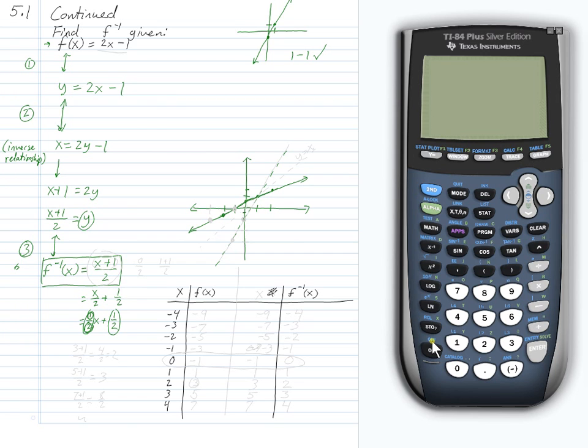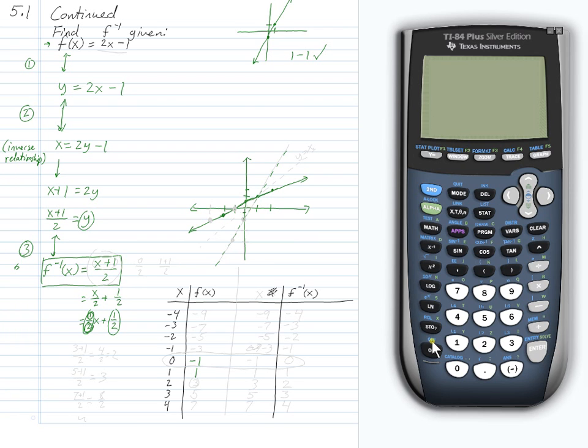Alright, so I want to look at the tables that we come up with for these functions. So our original function, f of x, if we plug 0 in, we would get 2 times 0 minus 1, -1. That's our y-intercept, we knew that from the beginning. If we plug in 1, we'll get 2 times 1 minus 1, so that's 2 minus 1.